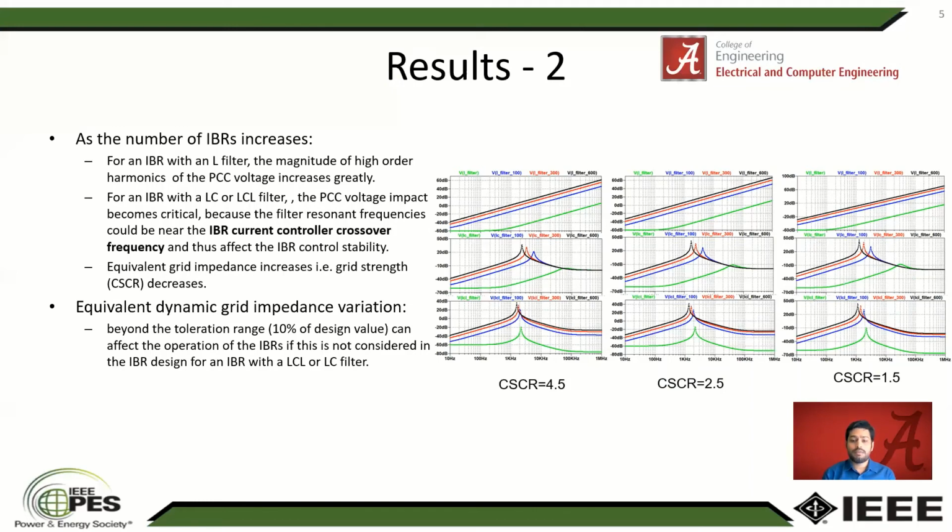So if the dynamic equivalent grid impedance changes, it can vary more than 10%. Then what happens? The controller design will not hold up for those kinds of changes, and it can lead to unstable operation. Okay, and this happens for LC and LCL filters mostly.